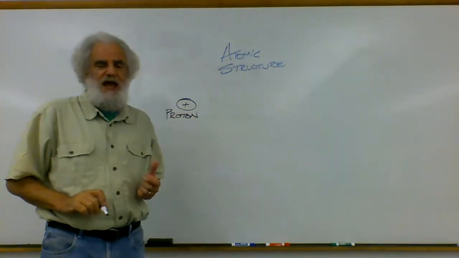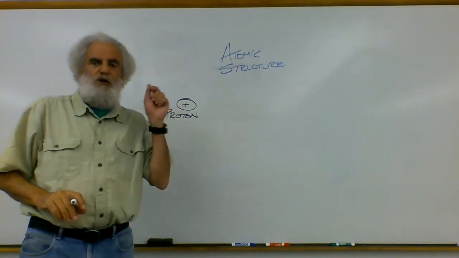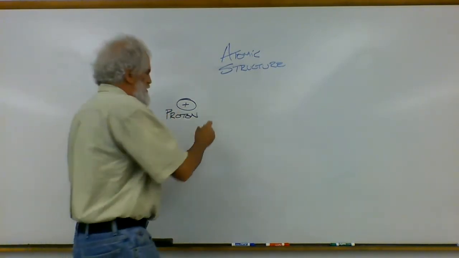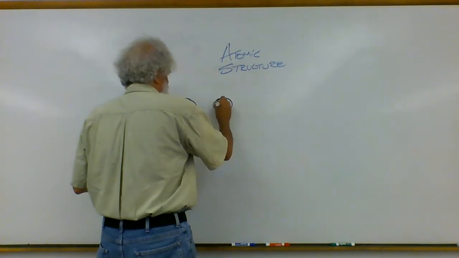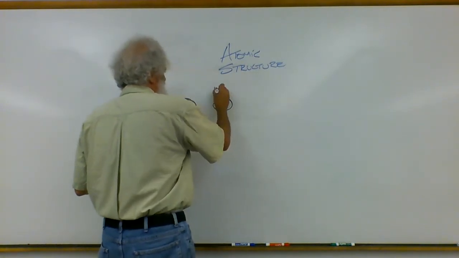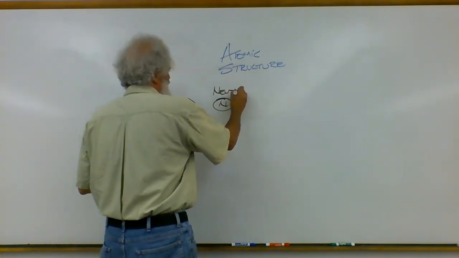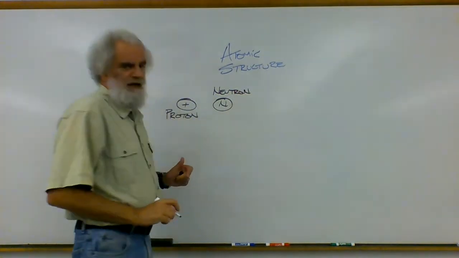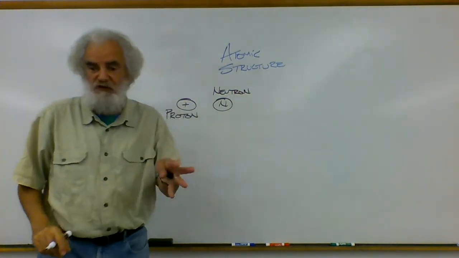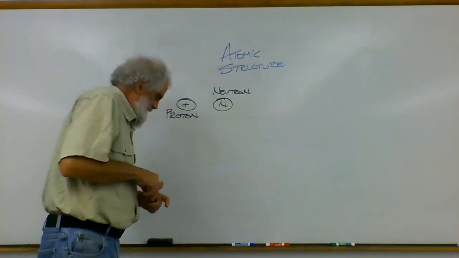Now, take another basketball, put an N on it, and this is a neutron. It has no charge.